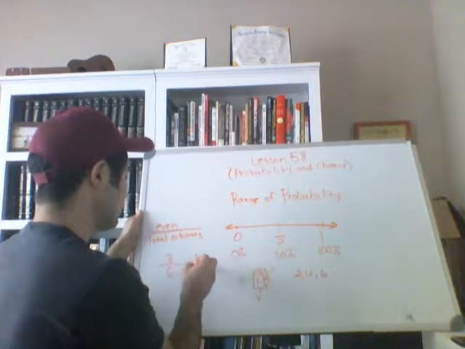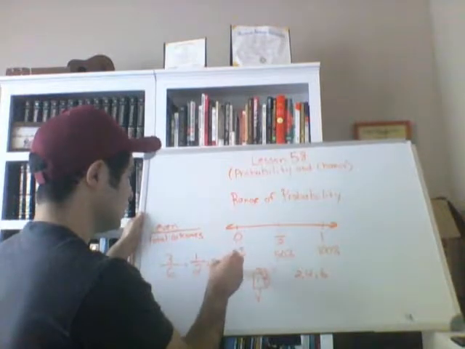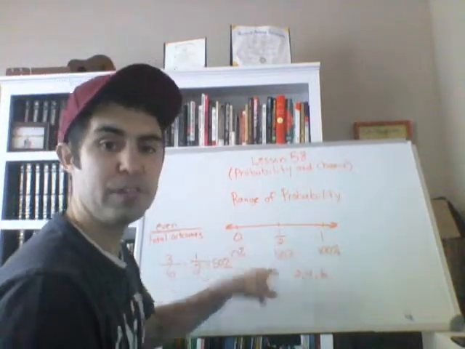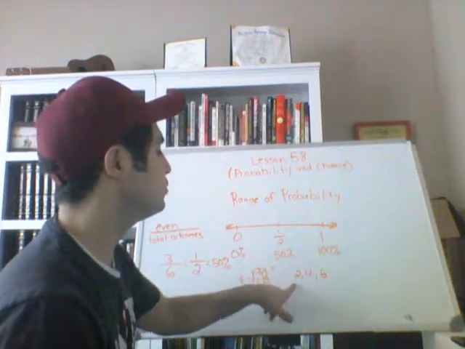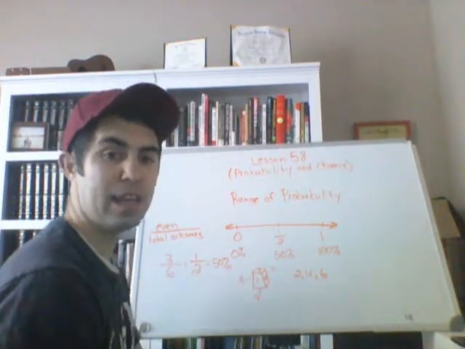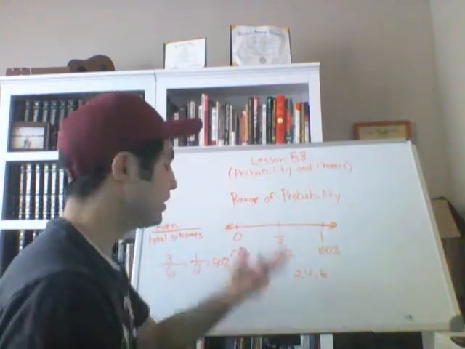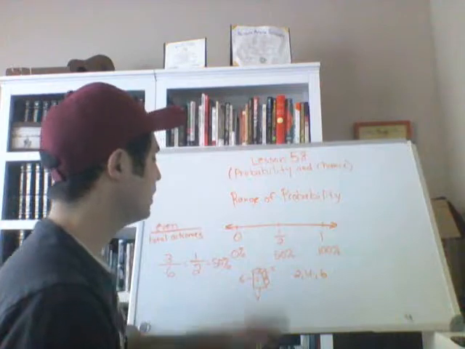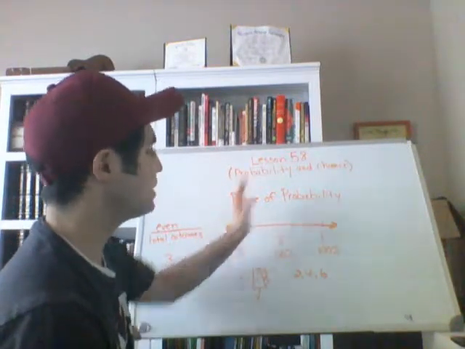So that would reduce to 1/2, or 50%. So you would have a 50% chance of winning the prize, because it would be a 2, a 4, or a 6 that you would need to get. So half the time you would win a prize if you roll that number cube. The other half of the time you would not win a prize. Alright, so the range of probability goes from 0% to 100%.